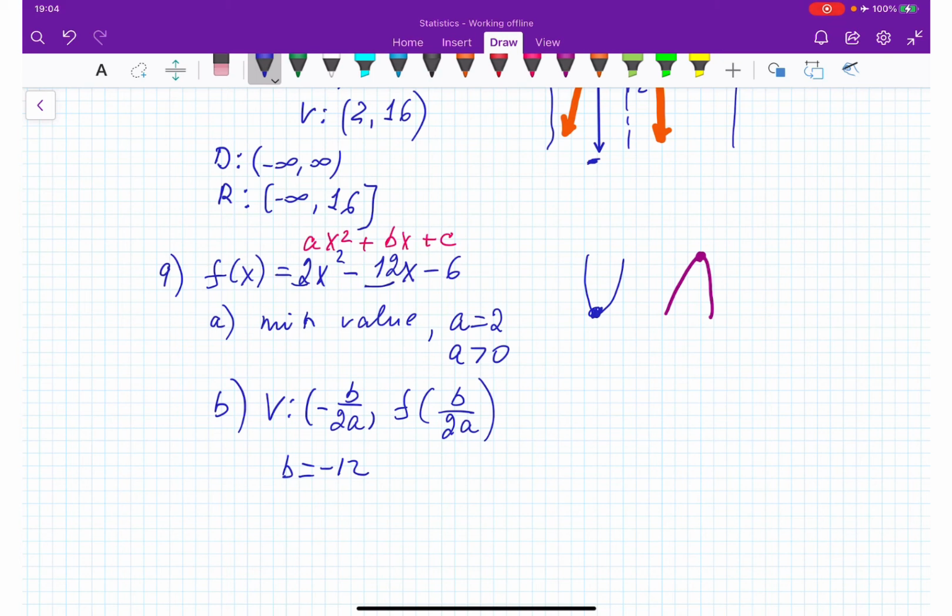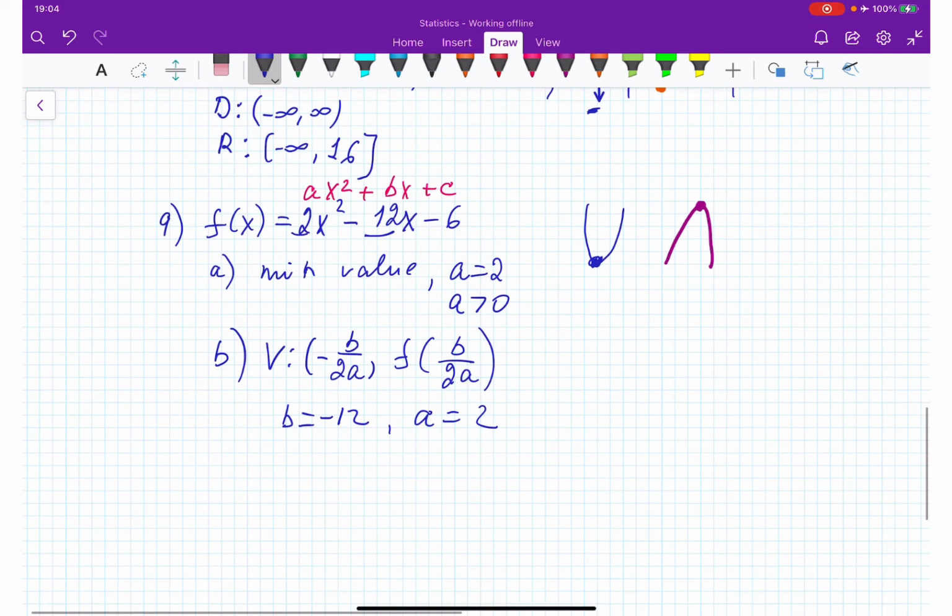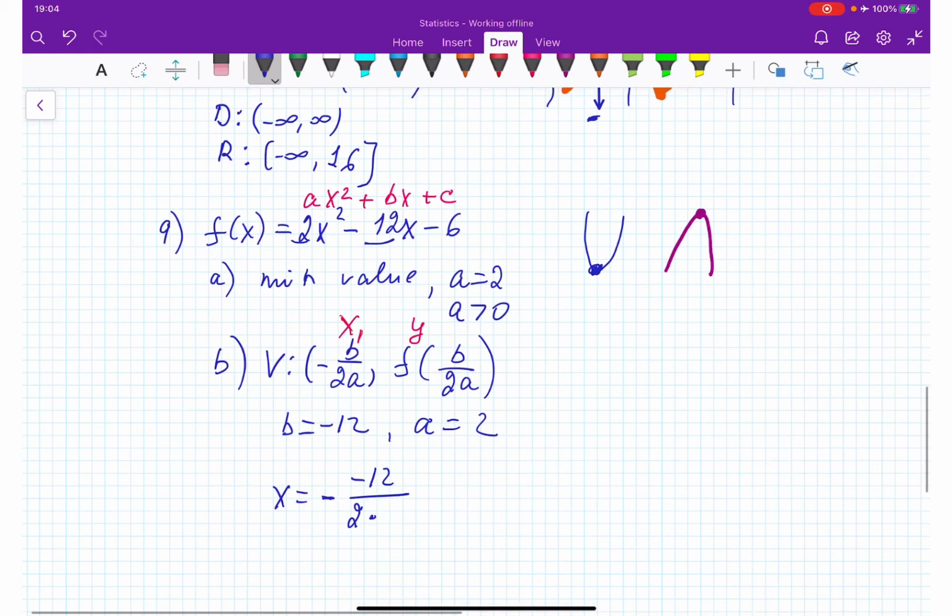Here it is, and we need a, my a is 2. So this is the value of x, this is the value of y. So x is going to be equal negative b, which is negative 12, over 2 times a. A is 2, so negative and negative is positive. It's going to be 12 over 4, which is equal to 3.